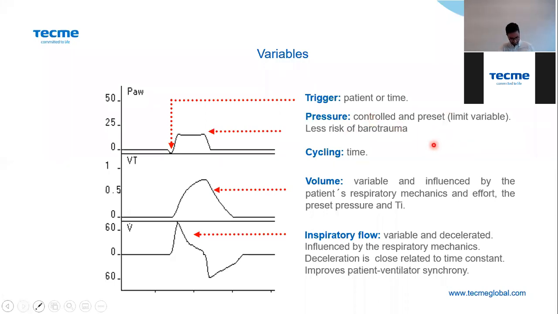You are setting a pressure and the ventilator will deliver this pressure. So in consequence, the volume and the inspiratory flow will be variable, and will depend on the preset pressure and the inspiratory time, and of course on the compliance and resistance.